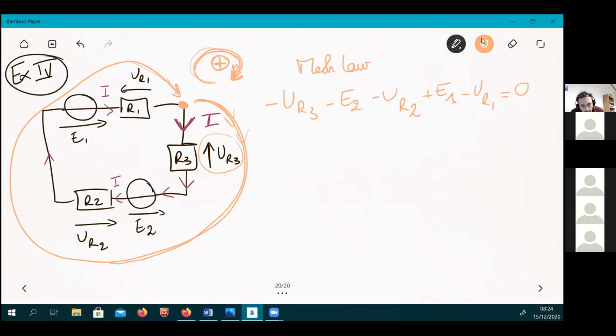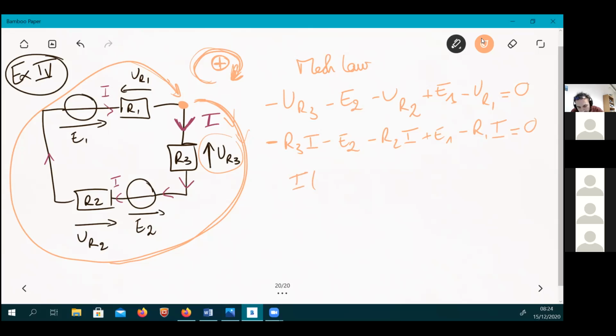So here, because I picked the receptor convention, I already know that all the voltages are going to be positive, which means that UR3 equals R3I. E2 is E2. This is R2I plus E1 minus R1I equals 0. And I'm done. Okay, then the question is, what about the current I?